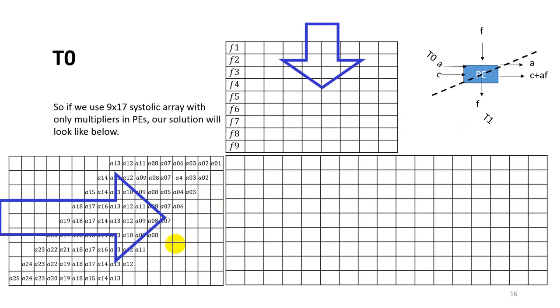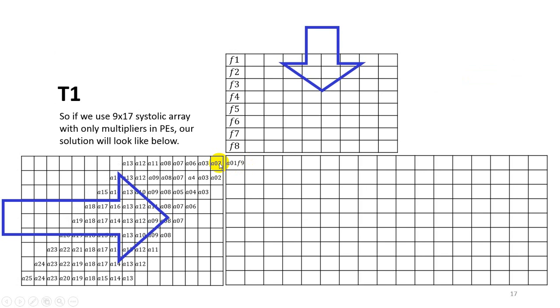We have a scratchpad memory of input data, and we arrange the data in this way to perform the convolution operation that we have seen in our mathematical section. We have a filter coming from above, and we can also have many filters coming from above if we have accumulators inside the processing element.